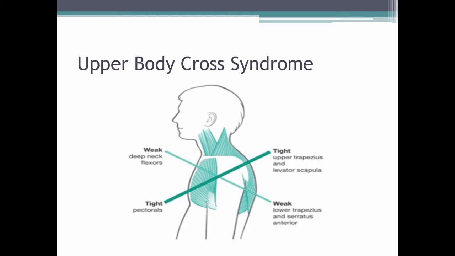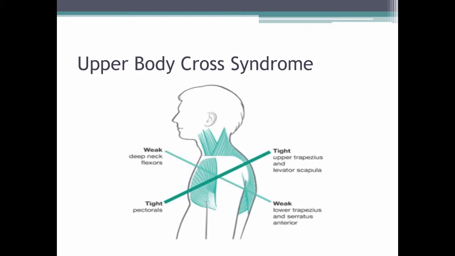Upper body cross syndrome. Basically this means that you've got weakness on one side and tightness on the opposite side. So agonists may be tight and the antagonists are weak, or the agonists are weak and the antagonists are tight. Hope I said that right. Anyway, the picture here shows the weakness in the deep neck flexors with resultant tightness on the opposite side.